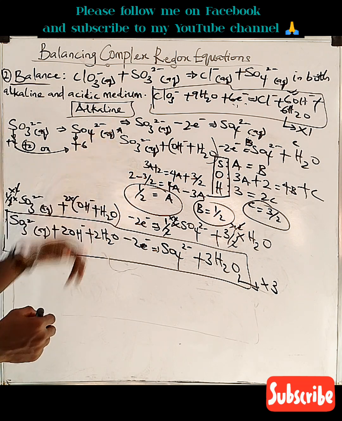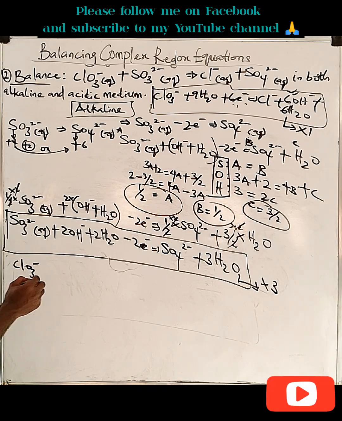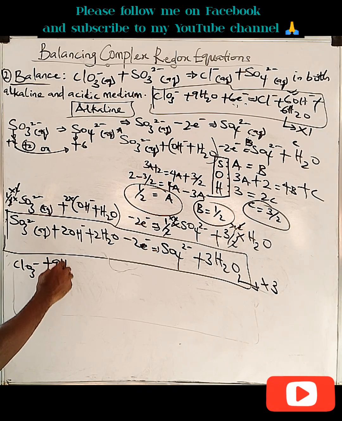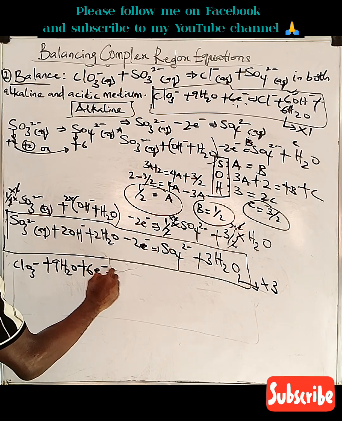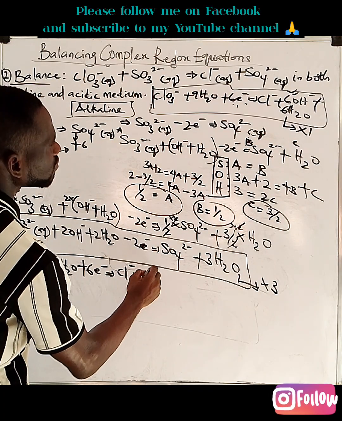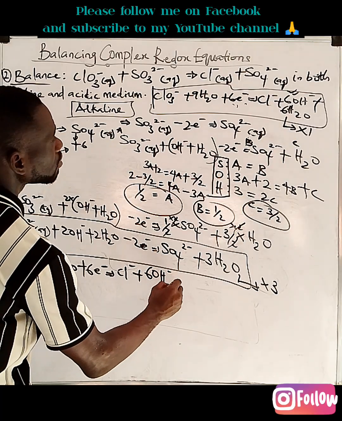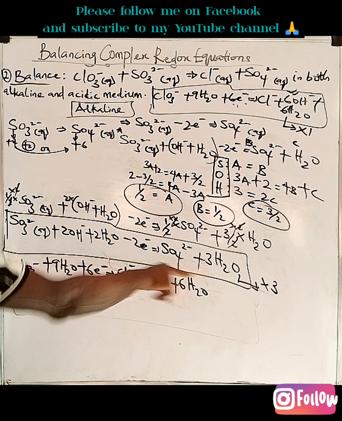So 1 times all this out there. That's going to be ClO3 minus plus 9H2O, plus 6 electrons. Then that will give us Cl minus plus 6 hydroxyl plus 6 molecules of water. So we're done with that. So the 3 multiplies all this also.